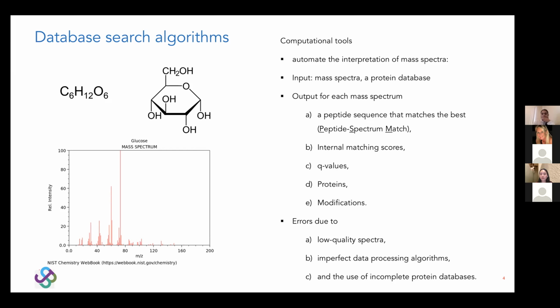However, the best match does not necessarily mean it's a correct match. Errors could happen due to low quality spectra, imperfect data processing algorithms, or the use of incomplete protein databases. It's estimated that in a typical run, 40% of the PSMs are false.